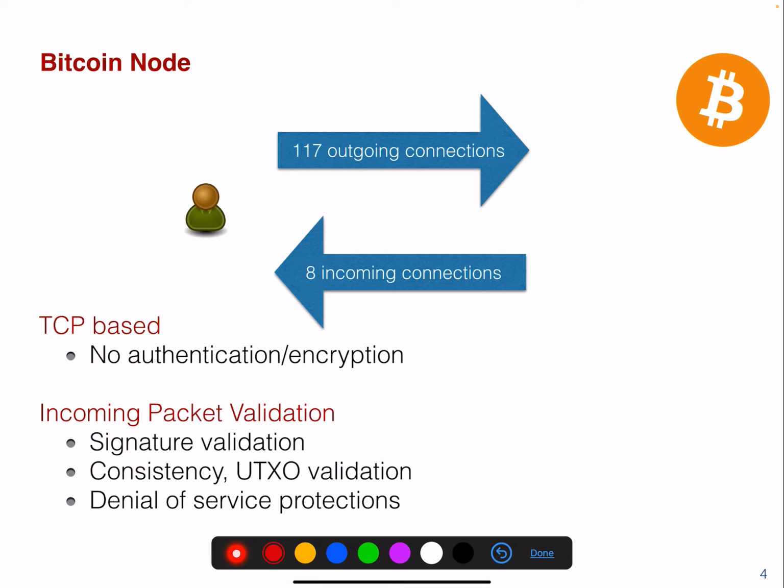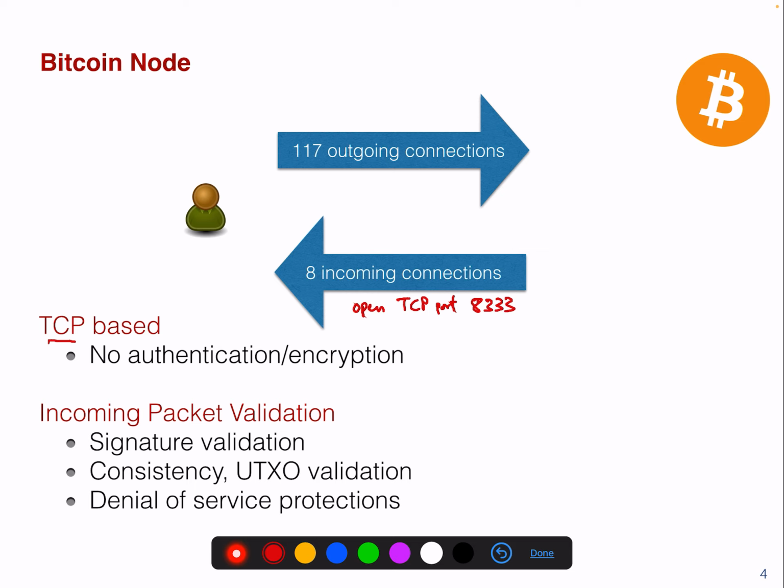A Bitcoin node has by default 117 outgoing TCP connections and 8 incoming connections. To have incoming connections, you have to open a TCP port. I believe this is port 8333 at the moment.